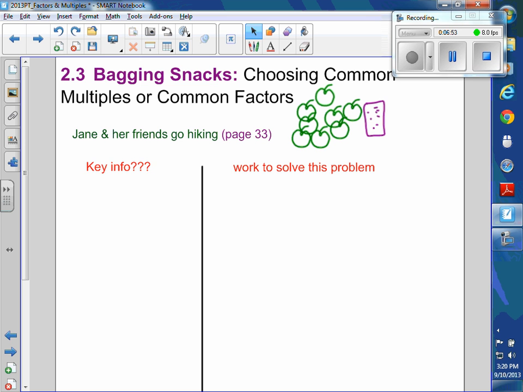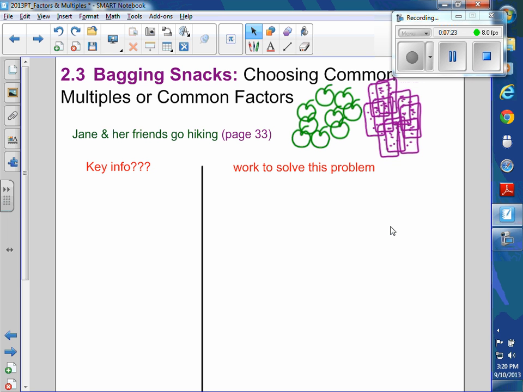How many apples did they have? 24. And then how many trail mix bags did they have? 36. So that's a bunch, right? You want to take all of those things and break them into a bag. So each bag has the same amount of apples as every other bag. And each bag has the same amount of trail mix packets as every other bag. Is this a multiples problem or a factors problem?